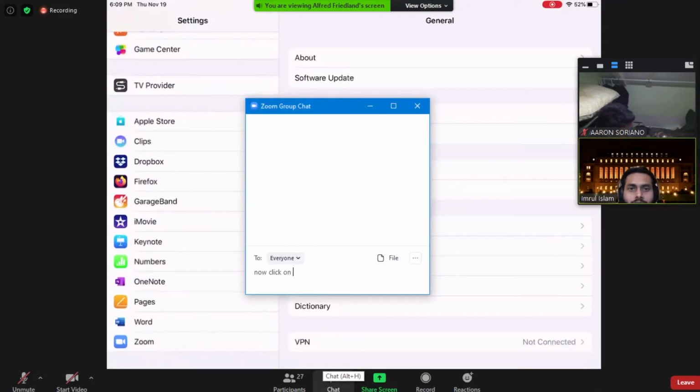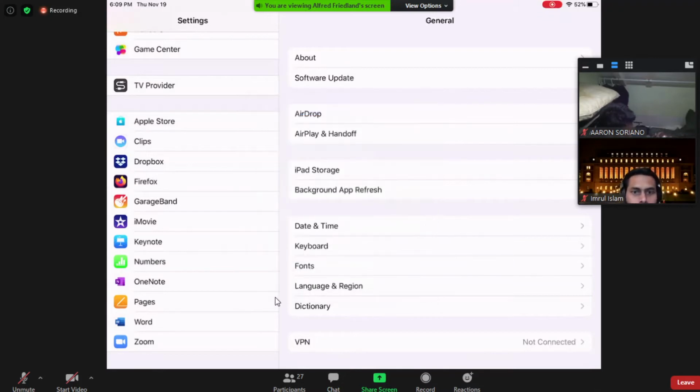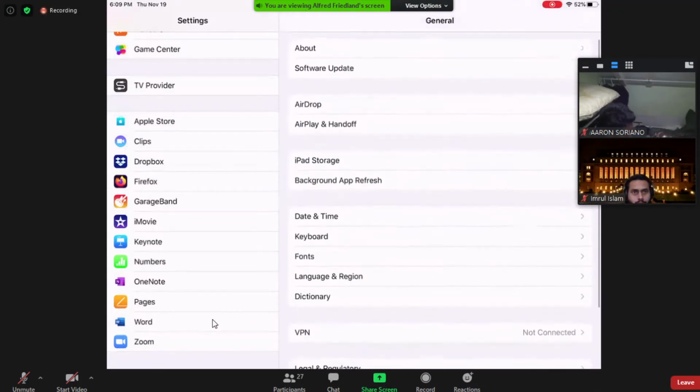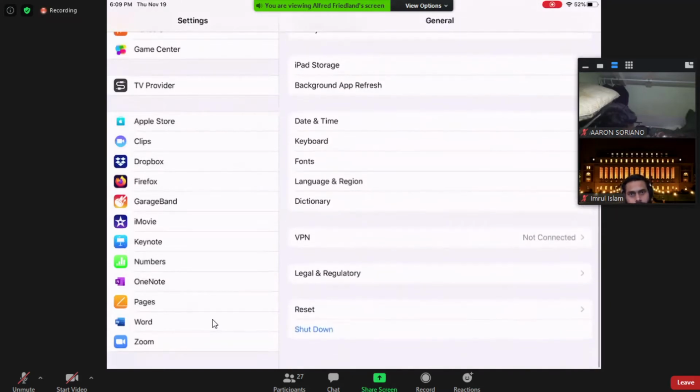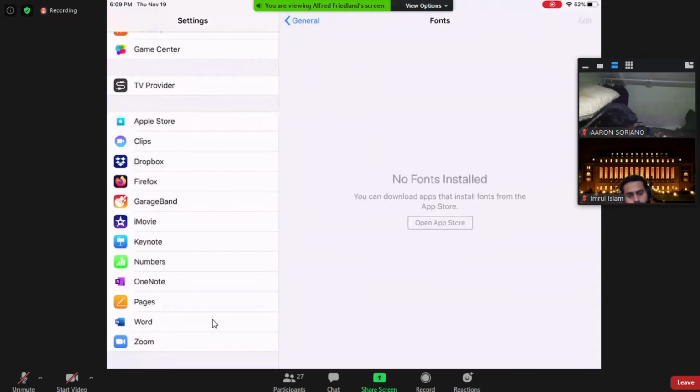Go to Bluetooth. There's supposed to be an Apple Pencil, because on my iPad there is an Apple Pencil, and I can check the battery. Is the pencil on the left or on the right? It's supposed to be on the left side.